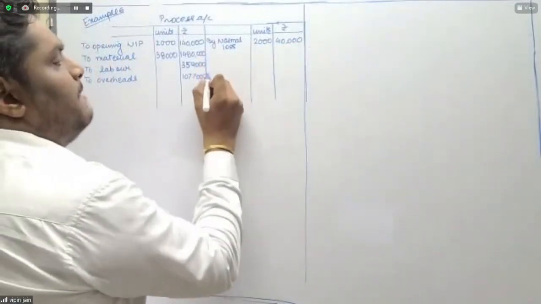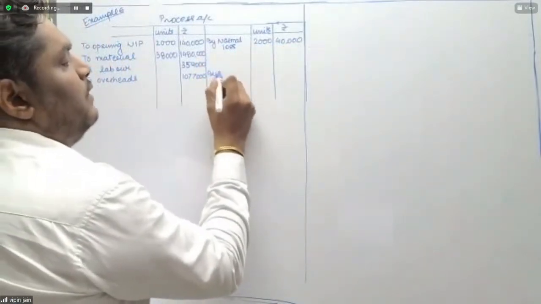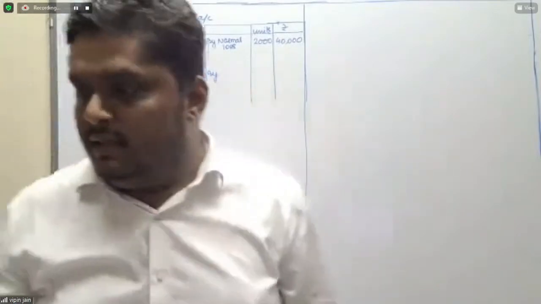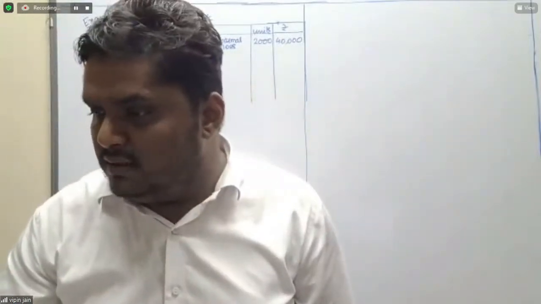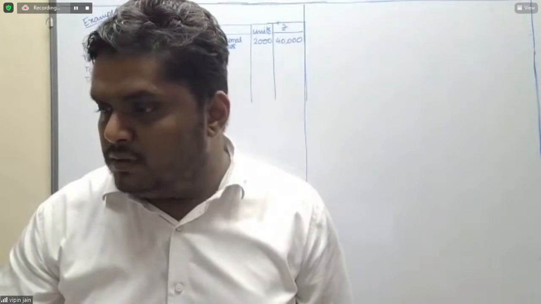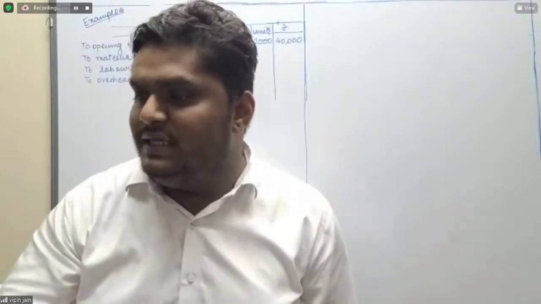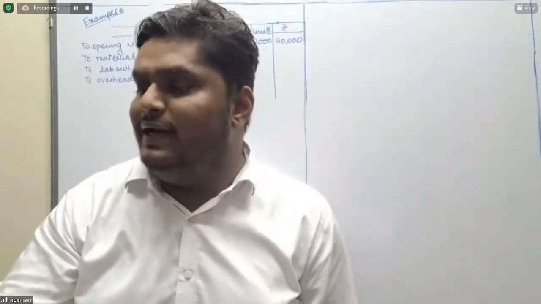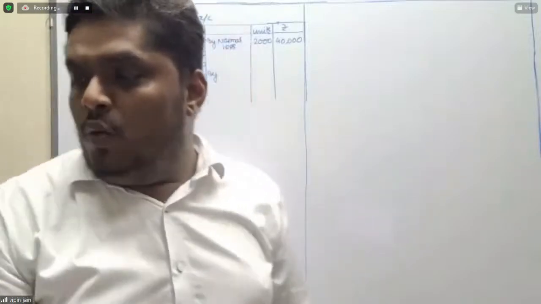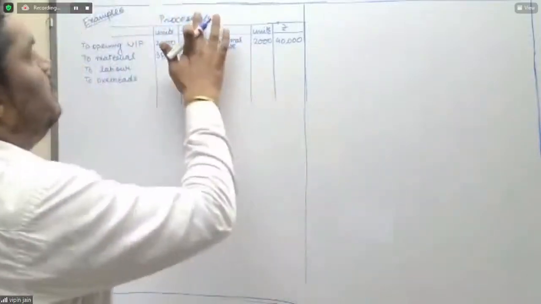Thereafter, by next process, since it is the first process, so by next process, see, it is given in the question that following are details relating to work done in process A account.